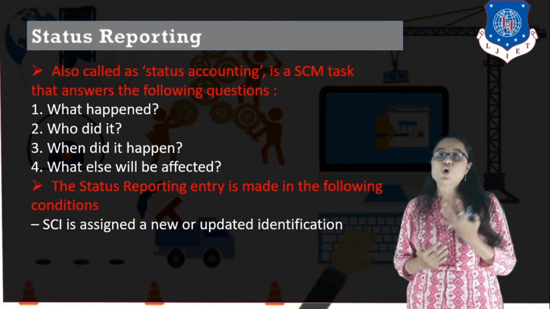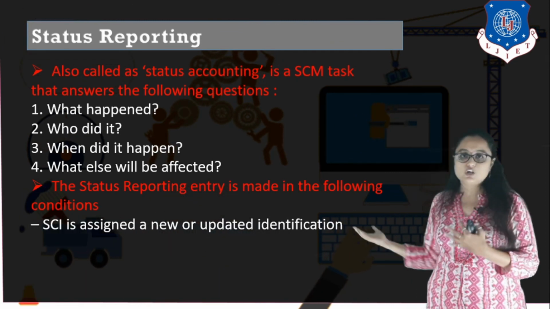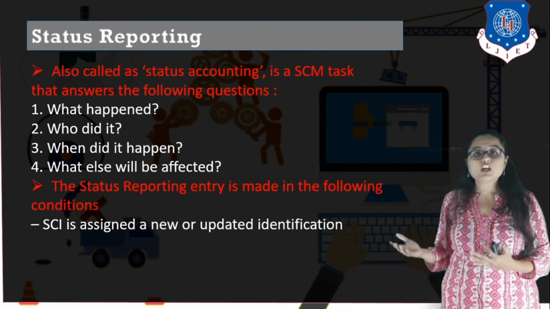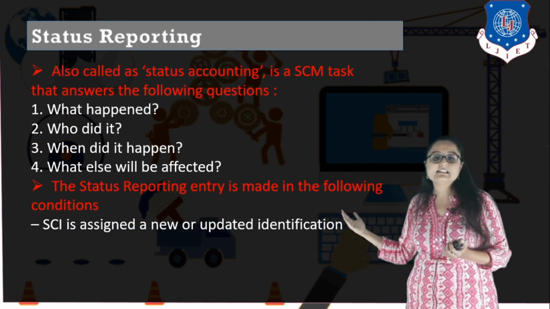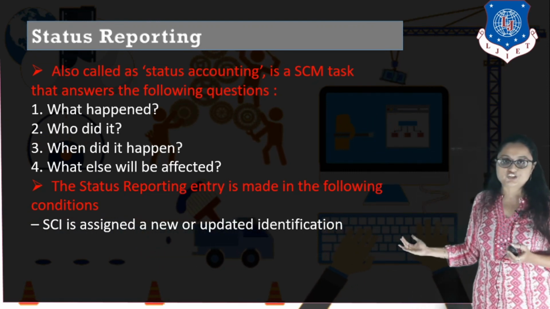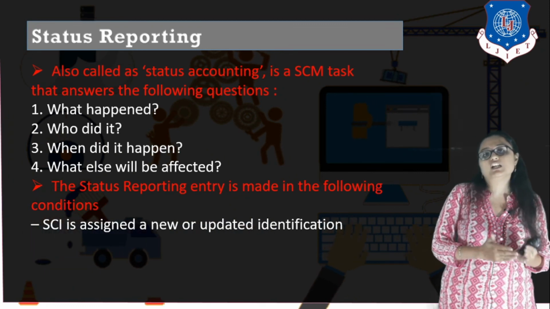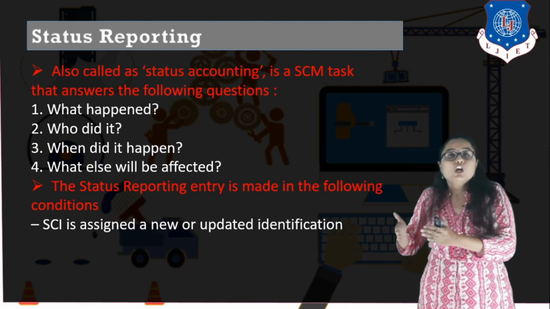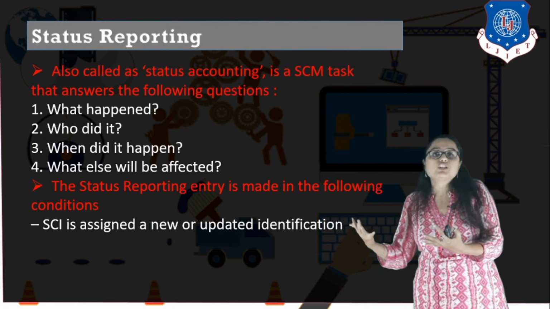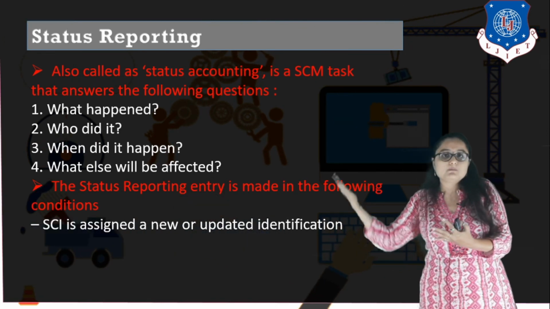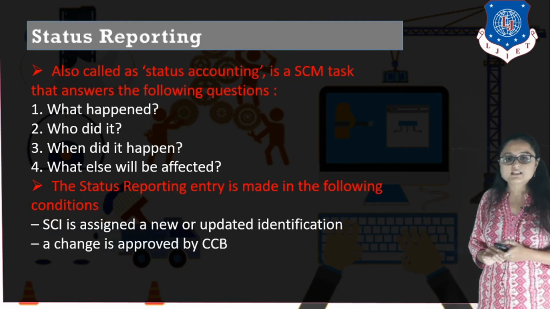Now this can be an online entry, that is, you may have an online software or website on which you are doing this entry. This may be a hard copy entry, but you have to report this. So basically the SCI is assigned a new or updated identification, right? Because I know that now the software configuration item is changing from one version to another, the identification of that software configuration item in the new version should be different, right? So the version number should be attached to this configuration item, and that should be updated in your configuration item register.